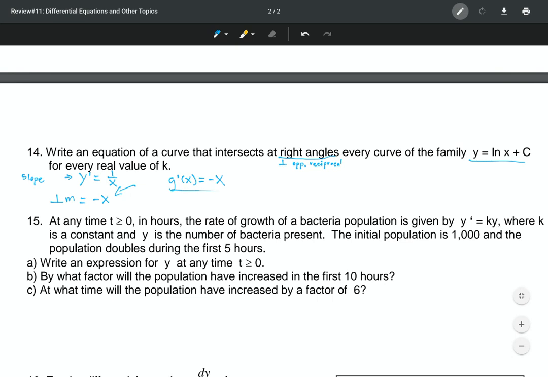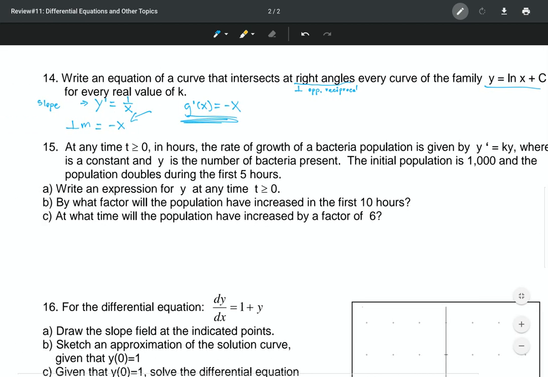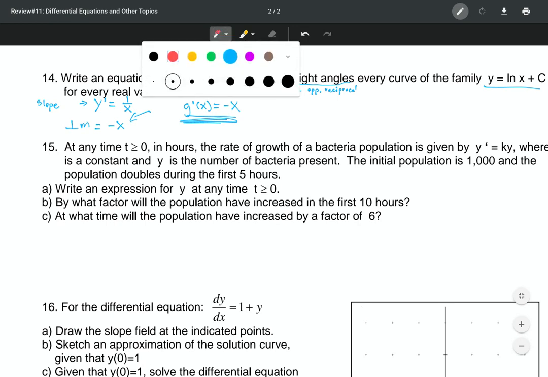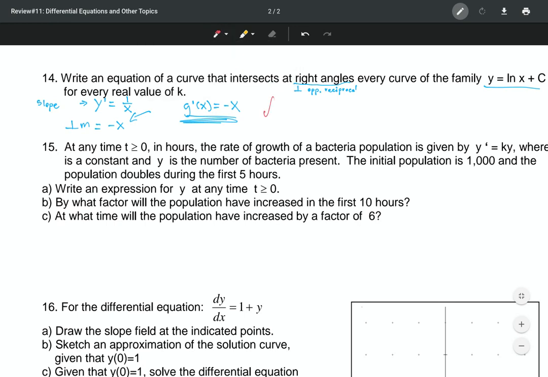Okay, so if this represents the derivative of the curve that I'm looking for, what I have to do now is take the antiderivative, right? So this is basically the second part of this. I have to take the antiderivative of the derivative of function g, which is what I'm looking for.